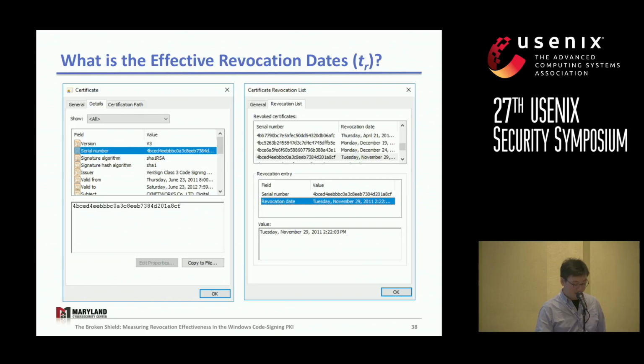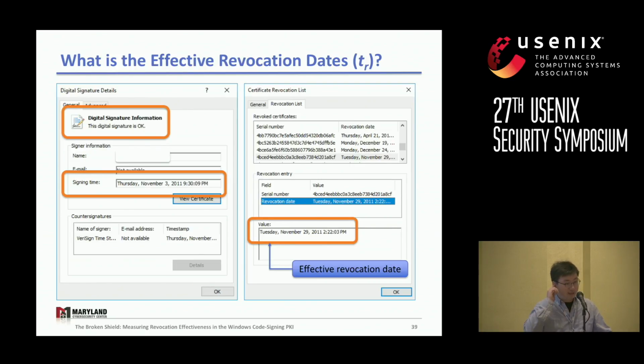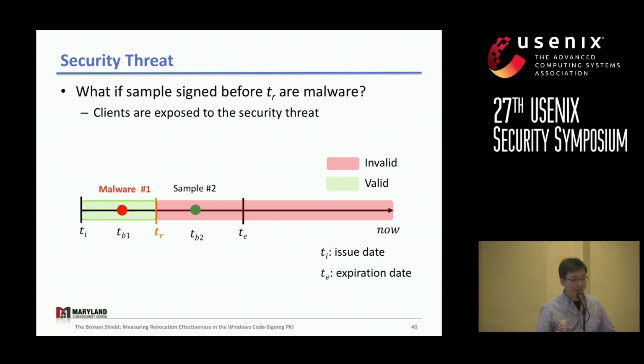However, Windows says that the sample signed with the certificate is still valid because the signing date is before the effective revocation date. However, it has a security threat. What if the samples signed before the effective revocation date are malware? It means clients are exposed to the security threat.